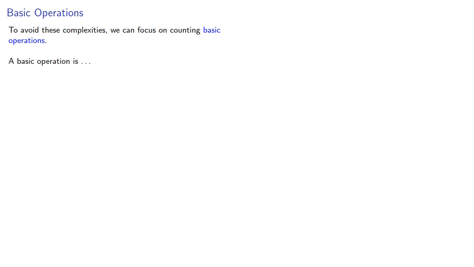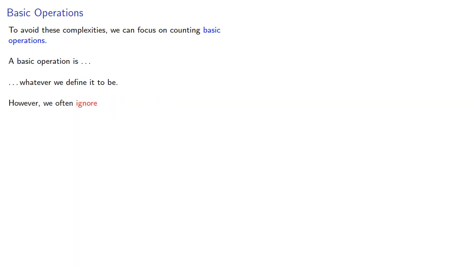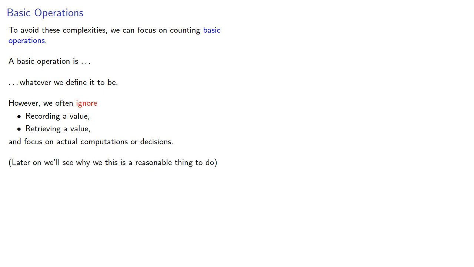A basic operation is whatever we define it to be. However, we often ignore recording a value or retrieving a value and focus on actual computations or decisions. Later on, we'll see why this actually is a reasonable thing to do.